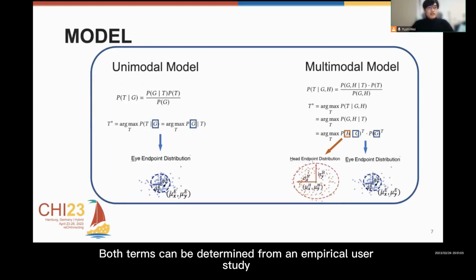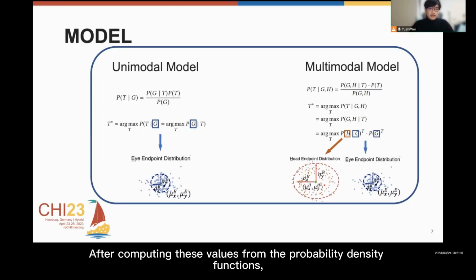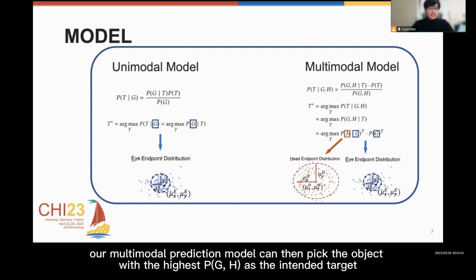Both terms can be determined from an empirical user study, where users would perform a gaze-based target selection on objects of different size and distance. After computing these values from the probability density functions, our multimodal prediction model can then pick the object with the highest P(T|G,H) as the intended target.